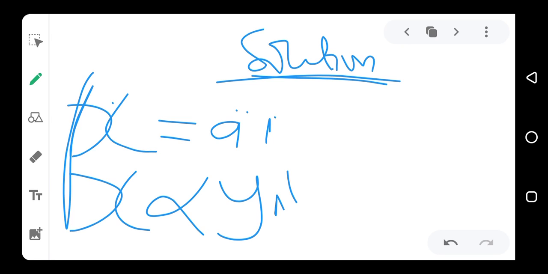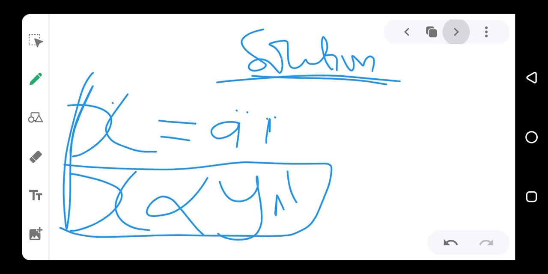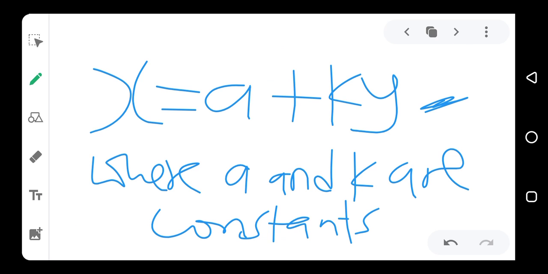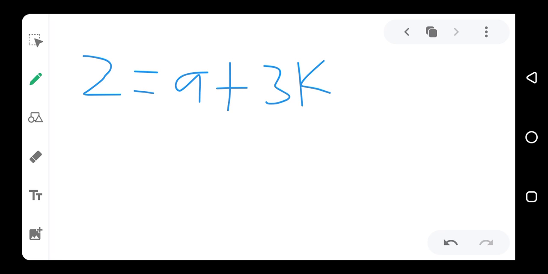That is a, plus the relationship you have here. X is equal to a, then plus ky. This is very important. You have to separate with an addition sign, with plus. Okay, so that is this: 2 is equal to a plus 3k. You know how we got it.